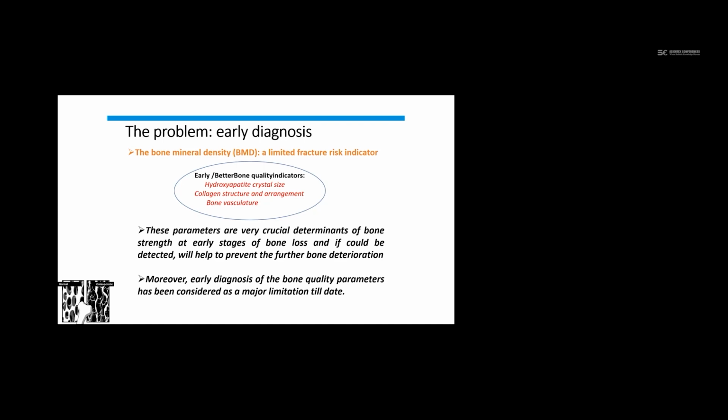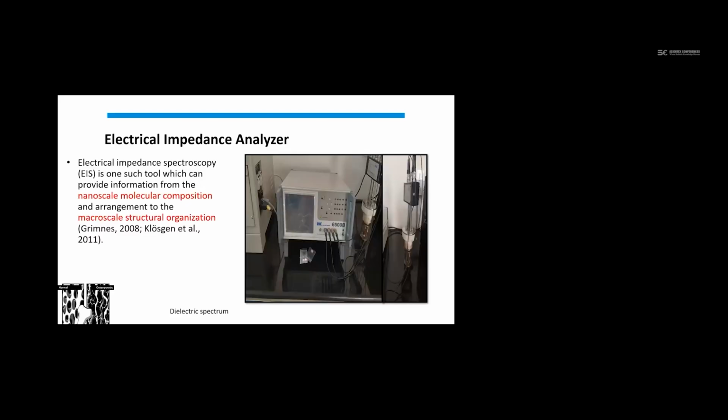So early diagnosis of bone quality parameters has been considered a major limitation till date, which we are attempting to address in our study. We are using the electrical impedance technique to find out its potential to differentiate between healthy and deteriorated bone.